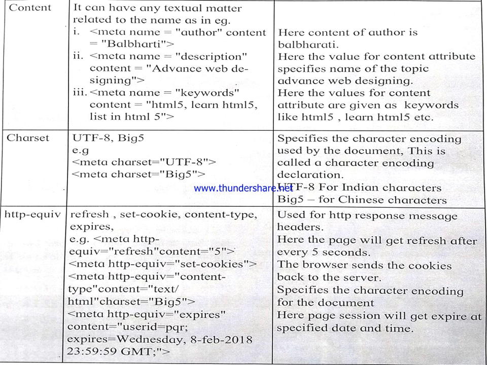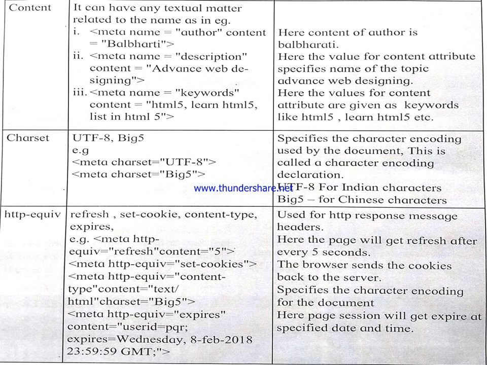The value of the content attribute specifies the name of the topic, that is advanced web designing, and the values for the content attribute are given as keywords like HTML5, learn HTML5 and list in HTML5. So this is the concept of content attribute.